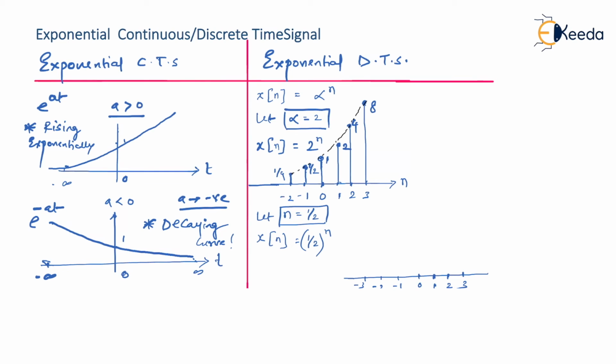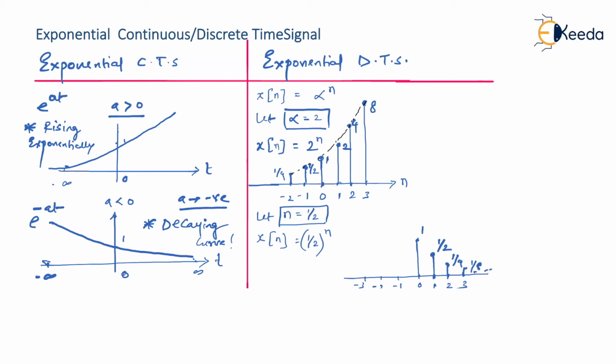At n equal to 0, half raised to 0 will become 1. So here I am getting 1. Then at n equal to 1, it will be half raised to 1, which is half, exactly half of 1. So I am getting 1 by 2. At n equal to 2, I'll be getting half raised to 2, which is 1 by 4, exactly half of 1 by 2, and so on.